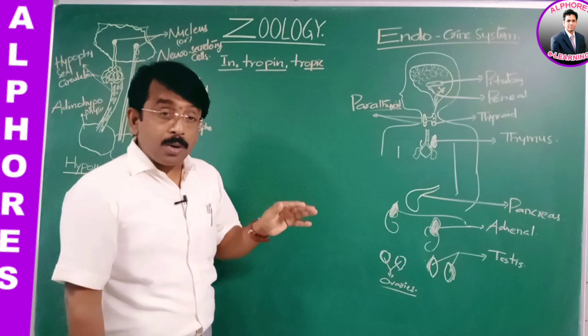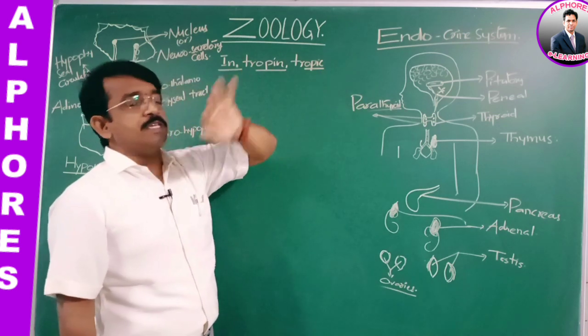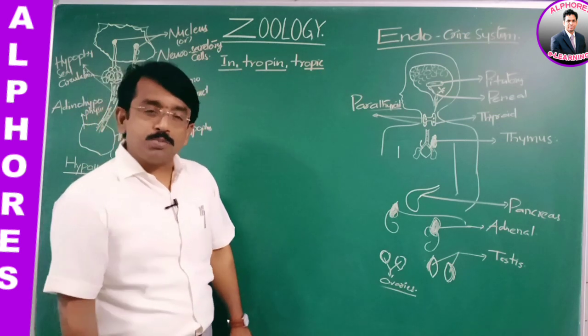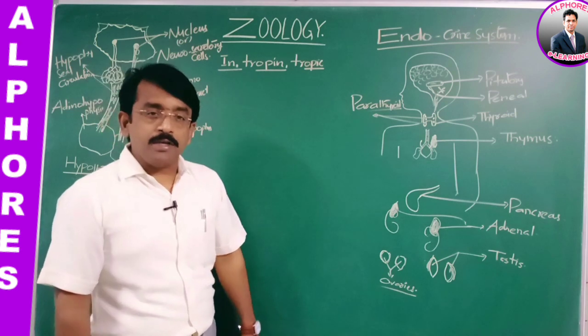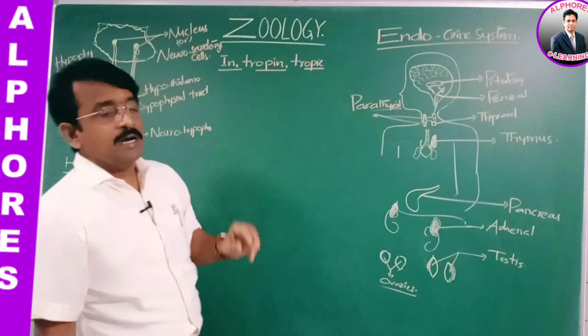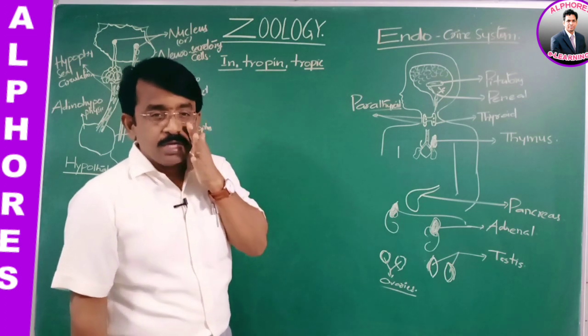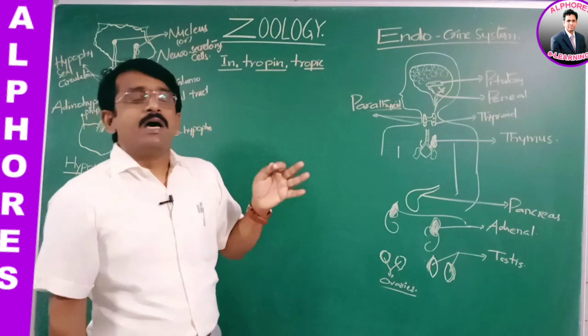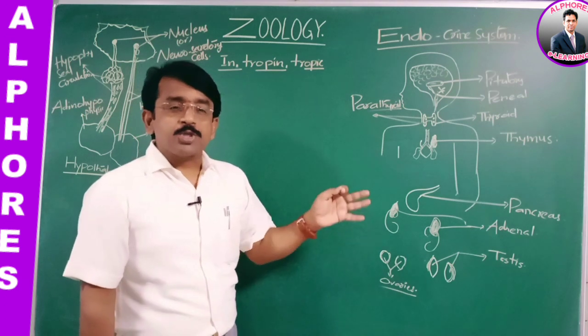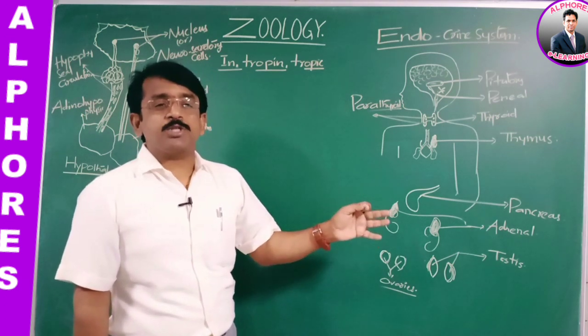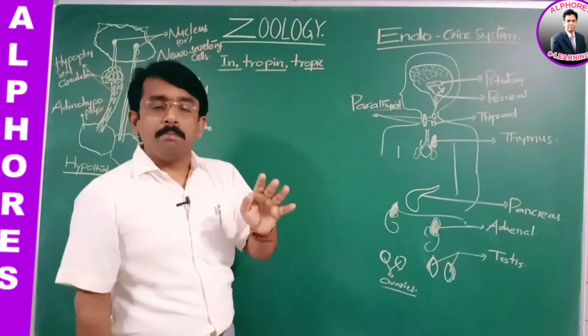So now we are going to discuss the endocrine system in human beings. Generally the endocrine glands are the glands which do not have ducts, so they release their secretions, chemical messengers, into the blood.